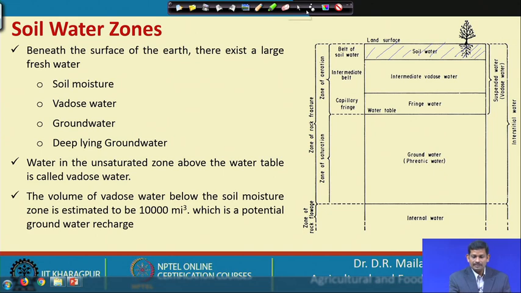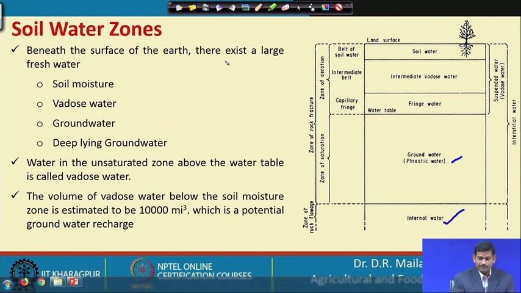As far as crop production is concerned, this zone is important. Below that there is the intermediate zone and then the fringe water zone, and then the groundwater and internal water.